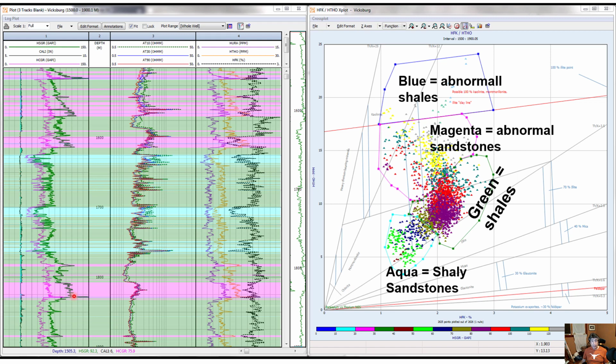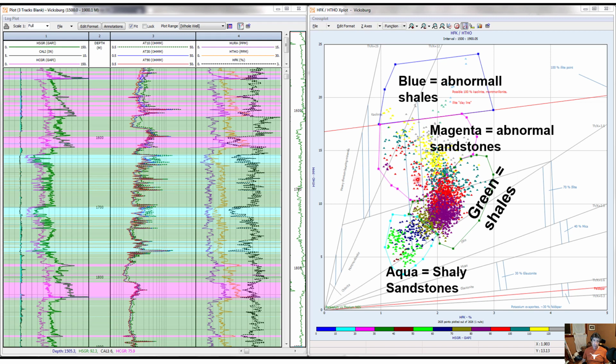Consequently, this diagram is telling us that all of the pink striping points that are abnormal behavior come in a cluster that is far away from the origin, which is indicating that we have abnormally high concentrations of thorium. All of those pink sections are actually sandstones, not shale, and the reason why the point gets all the way up here as opposed to below here is because we are in the region of abnormally high concentration of thorium in the matrix, not in the shale.